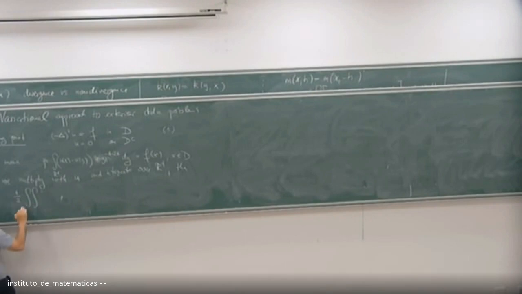That means D complement does not appear. So one option to write it, and I agree that this is really weird, you write this. So this is the product over R^d where you remove D complement. And you can remove it because anyway you use 0 there. So you get this.